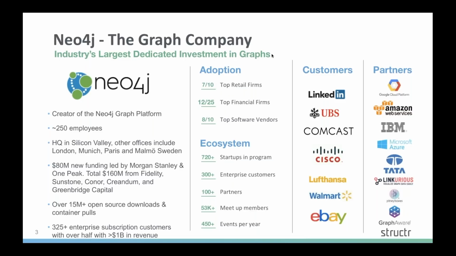And if you look further over, you can see some of the users that are using Neo4j today, and hopefully you'll recognize those names. Right over on the right, some of the partners, and I'll just draw your attention to the fact that we're available through Google Cloud Platform, Amazon Web Services, Azure, and other of the standard web platforms that everybody's using.